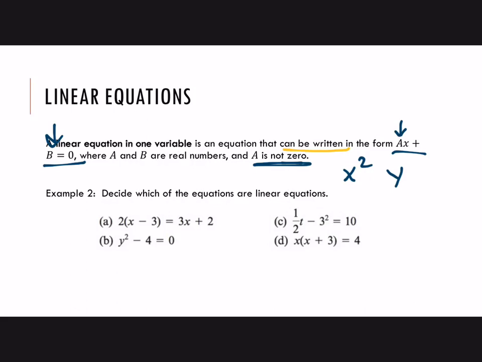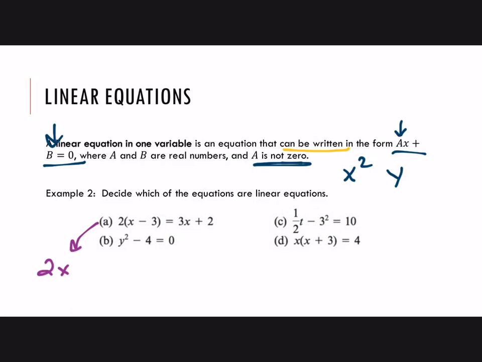Okay, so looking at part A here, our task is to decide which of these equations are linear. So the first one, you can almost visualize how this would get into the form that's required. But if you can't see it, then let's do a little bit of work to simplify.